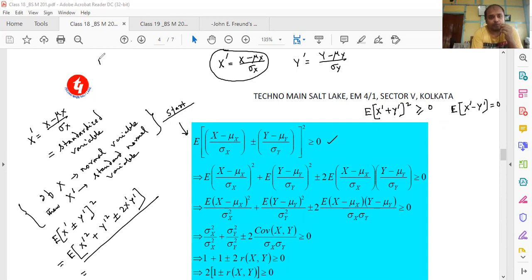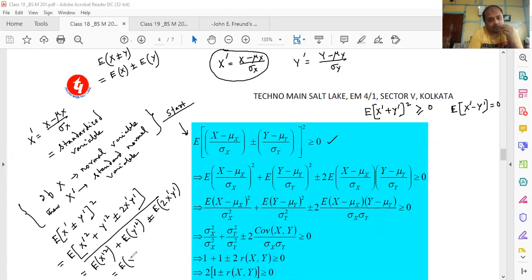You know that from the property of expectation, the expectation of x plus minus y is expectation of x plus minus expectation of y. Using this property, I can write it as expectation of x prime square plus expectation of y prime square plus minus expectation of 2 x prime y prime.